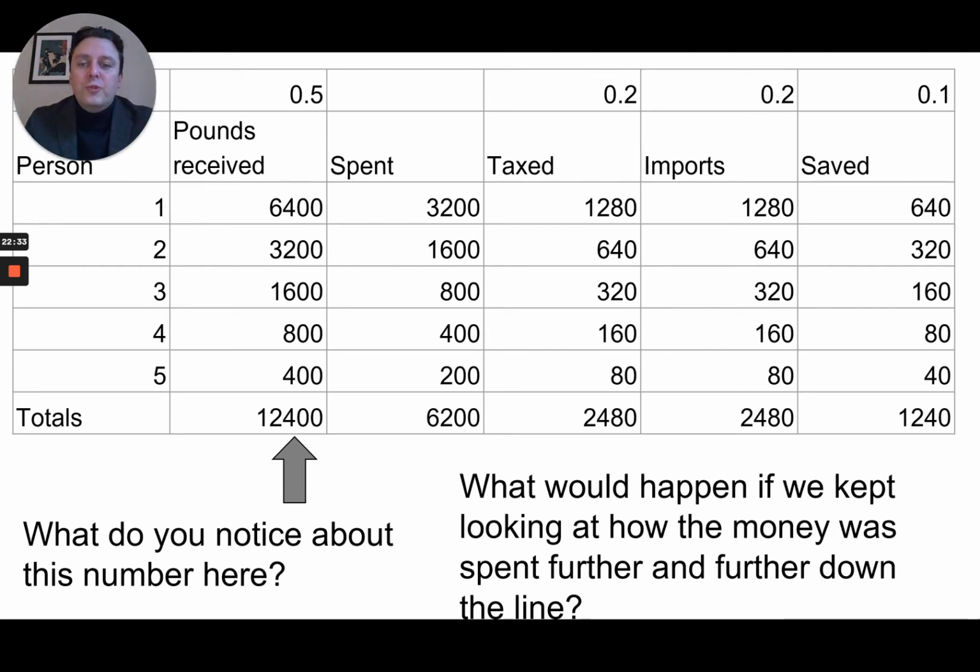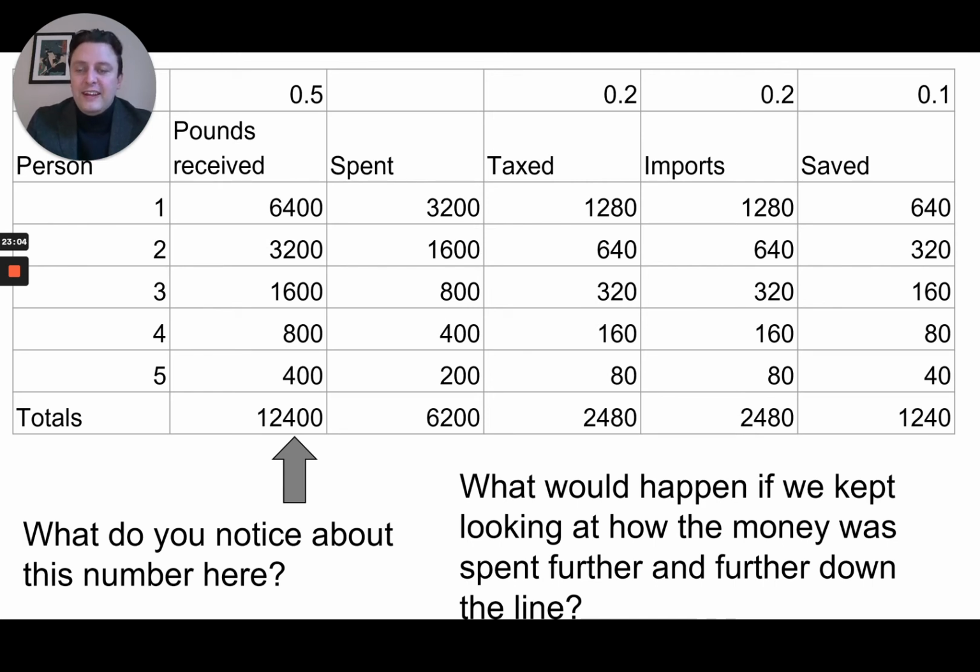Now what you will notice is that the total pounds received is 12,400. Okay. And what is spent, of course, is 6,200. The total tax is 2,480, imports 2,480, and savings 1,240. Now this is the multiplier in action.